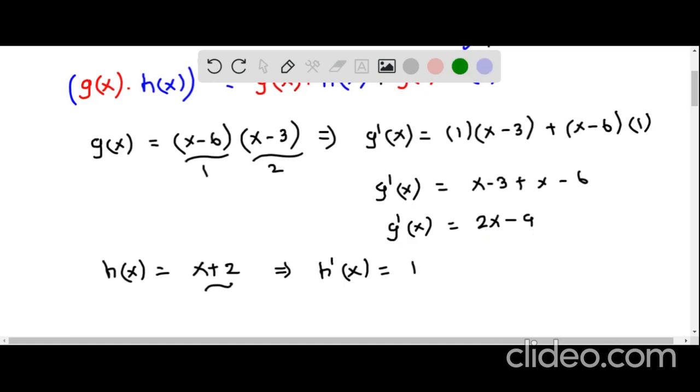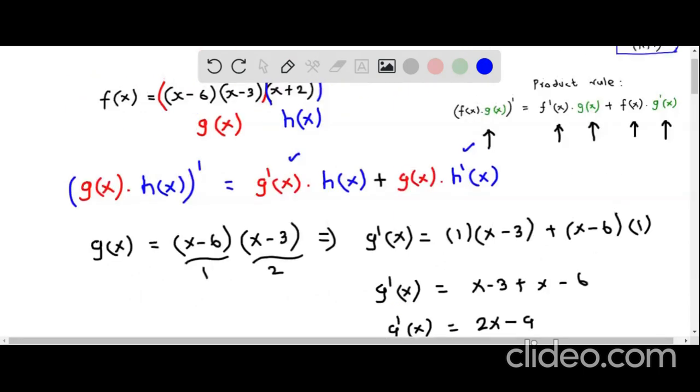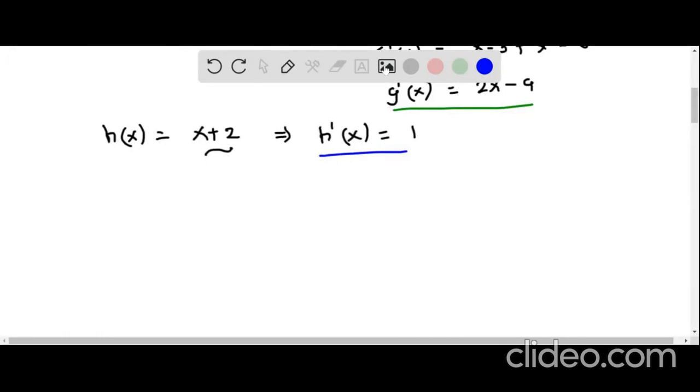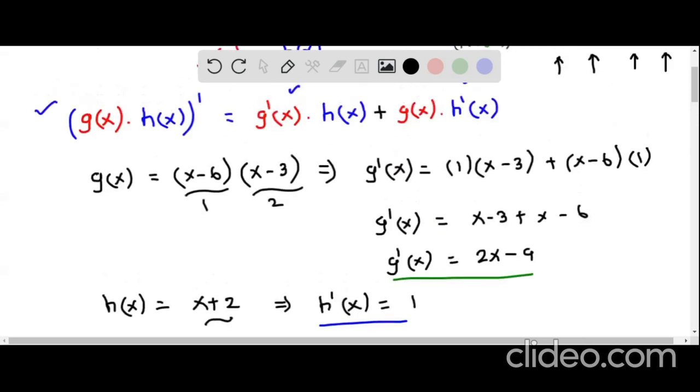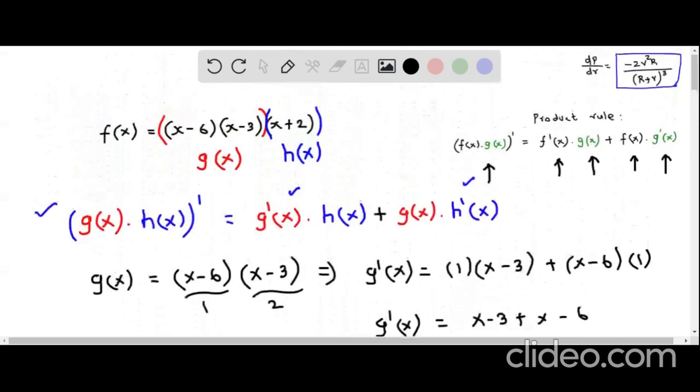So we have found g prime of x, that is the derivative of g of x, and also the derivative of h of x, that is h prime of x. This means we can substitute into this formula. So therefore we are going to get f prime of x, which is basically the derivative of g of x times h of x, and this equals g prime of x.